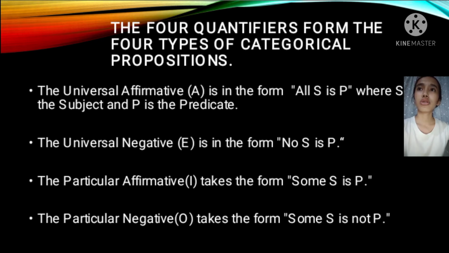The proposition does not rule out the possibility that none of the subject are members of the predicate category. The proposition is also not a guarantee that some members of the subject are not in the predicate.